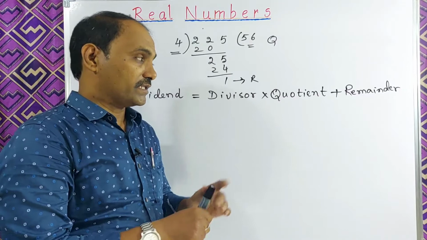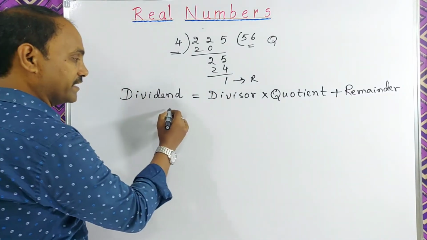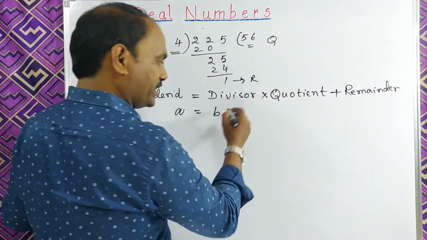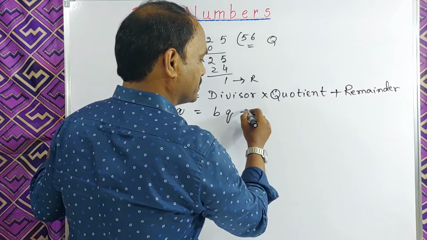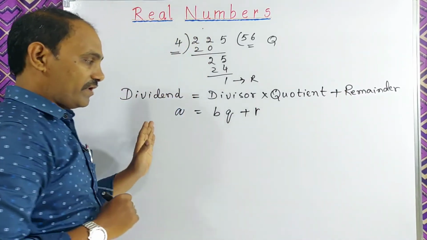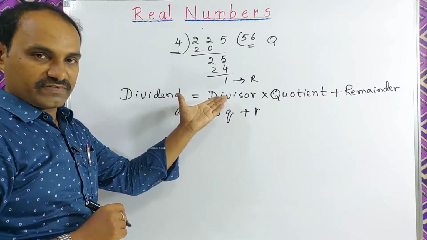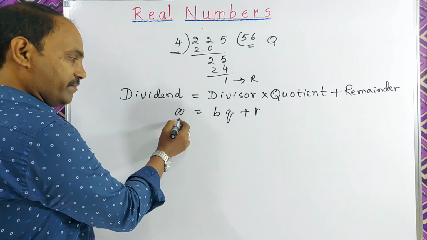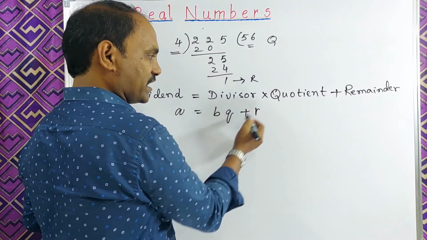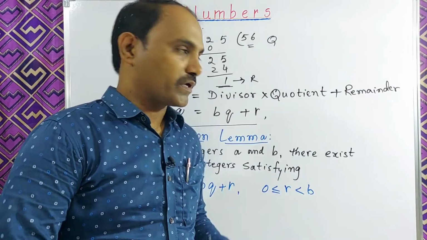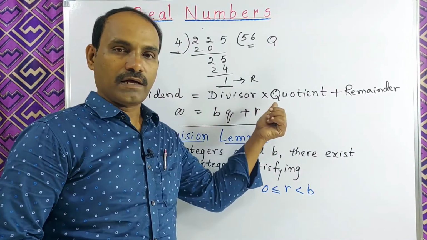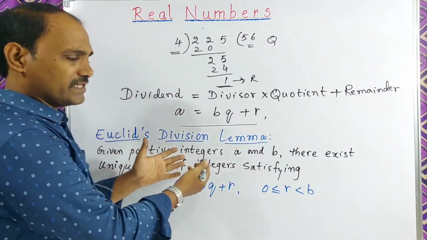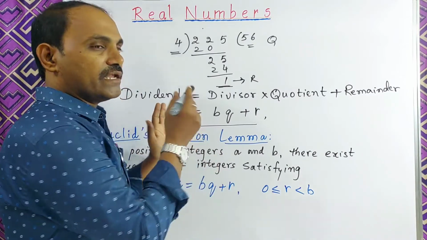If we write these as dividend A, divisor B, quotient Q, remainder r, then in short form the division algorithm is A equals BQ plus R. By using this division algorithm, we made Euclid's division lemma. Euclid's division lemma is nothing but the division algorithm.